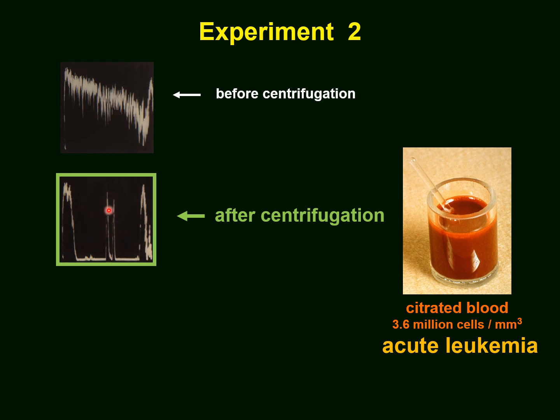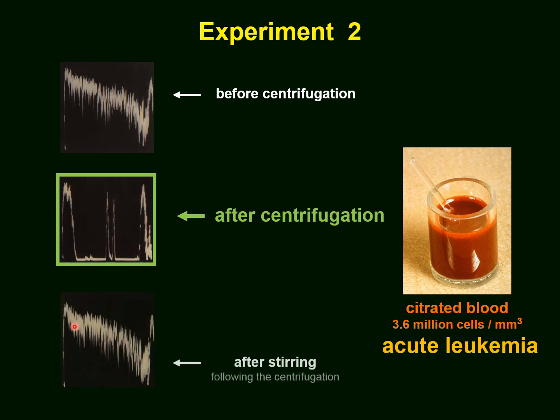And there's strong signals at the border of each of these compartments. Now these are the two peaks that we have seen in the previous experiment, being very close together, now separated by the large amount of leukemia cells.